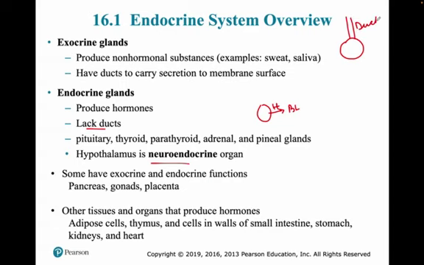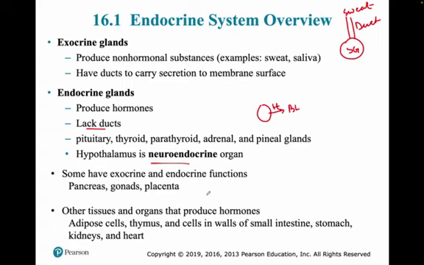For example, a sweat gland produces sweat, and this has to be transported to the outside of the body, and that's why we can feel sweat. So sweat comes outside, and that is done with the help of the duct. Therefore we will not see the presence of a duct in an endocrine system. They lack ducts. Examples of exocrine are sweat glands, saliva, all of that.